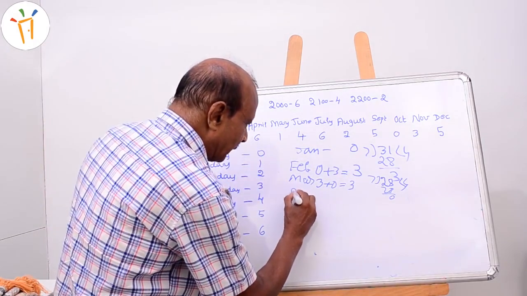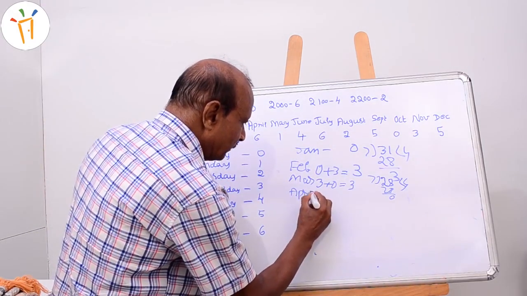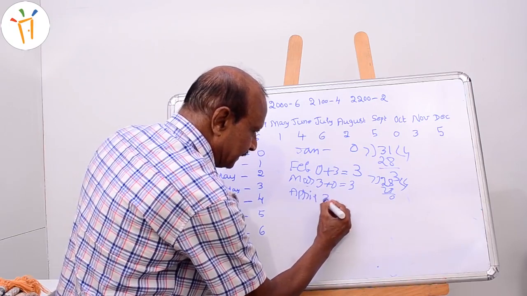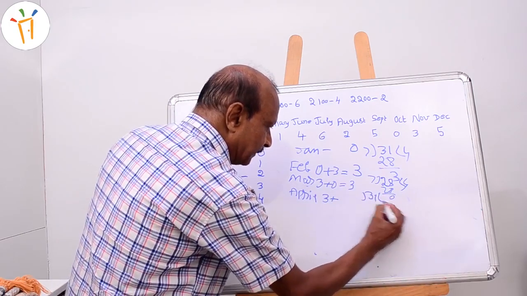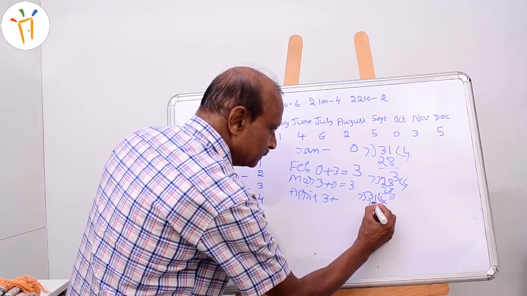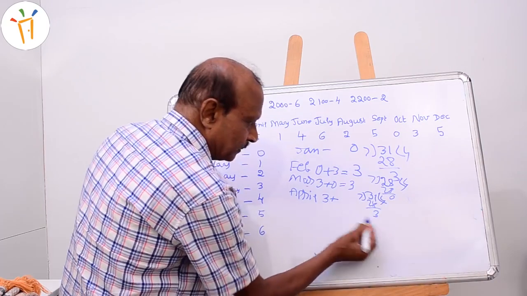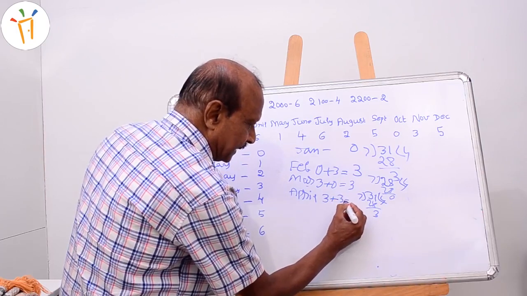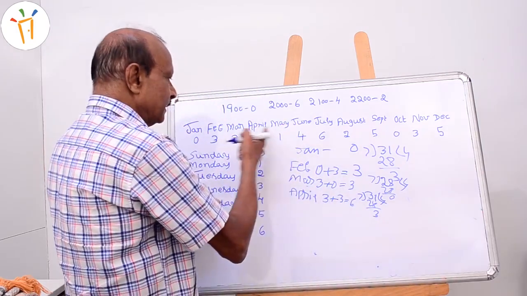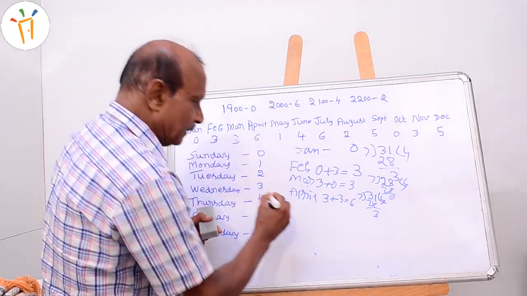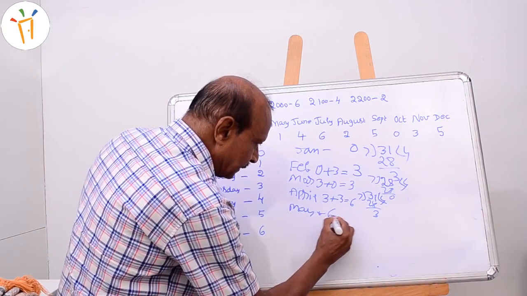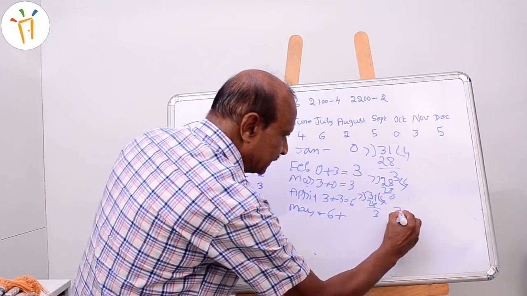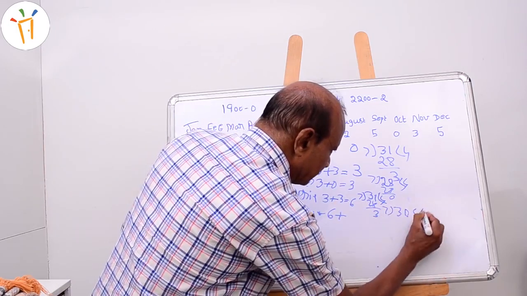Then you come to April. March code number is 3. 3 plus March number of days, 31, divided by 7, the remainder is 3. 3 plus 3 is equal to 6. You find April code number is 6. May: put 6 plus April number of days, 30, divided by 7.